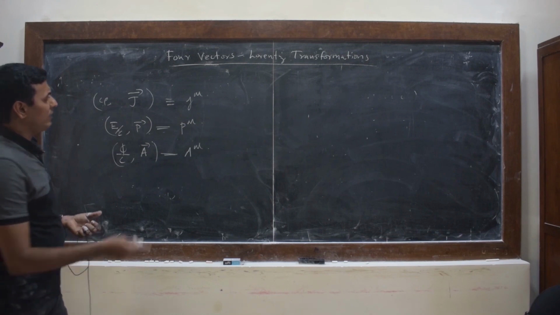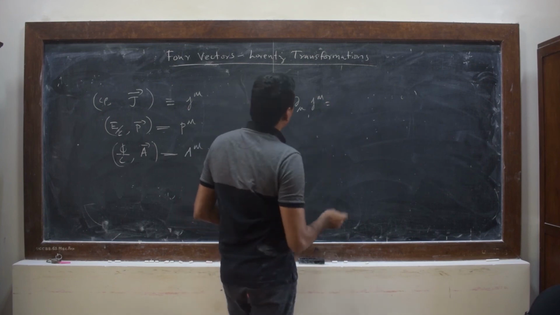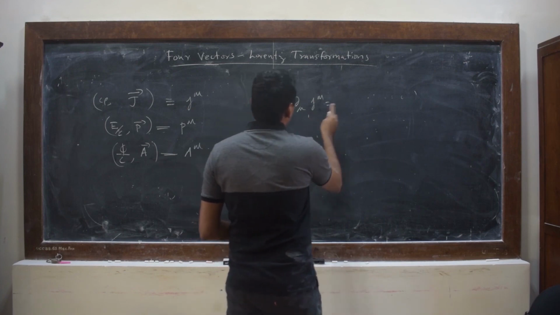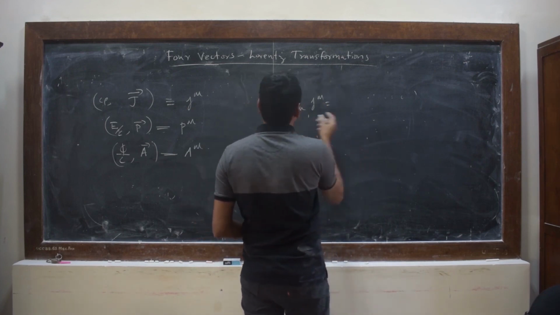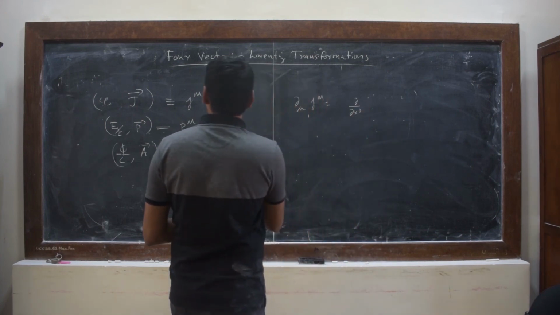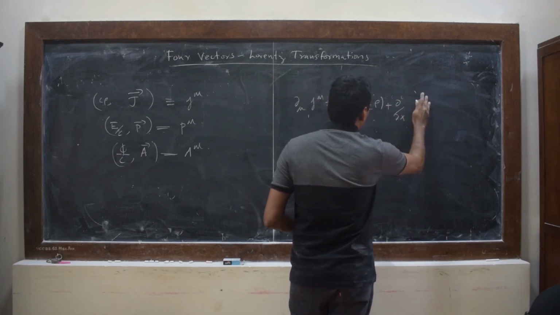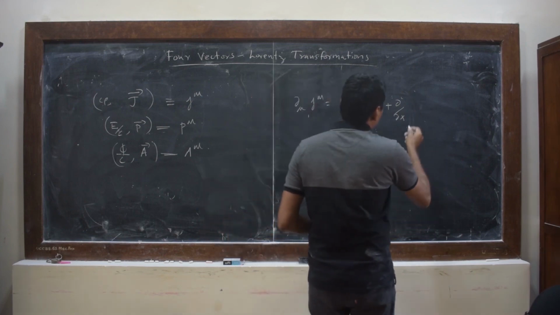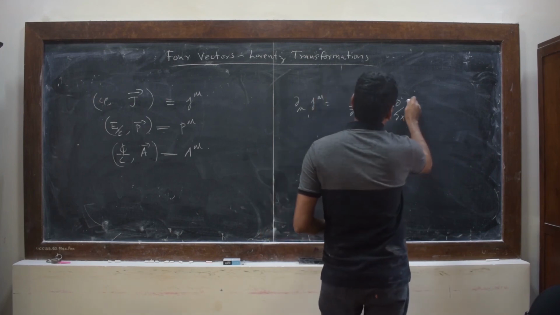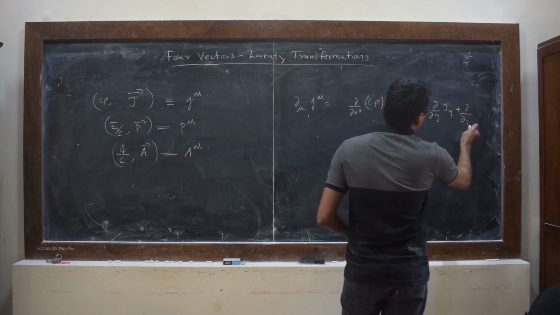So, let us try to evaluate what is del mu J mu. It will be del by del x 0 of J 0, plus del by del x of J x plus del by del y of J y plus del by del z of J z.